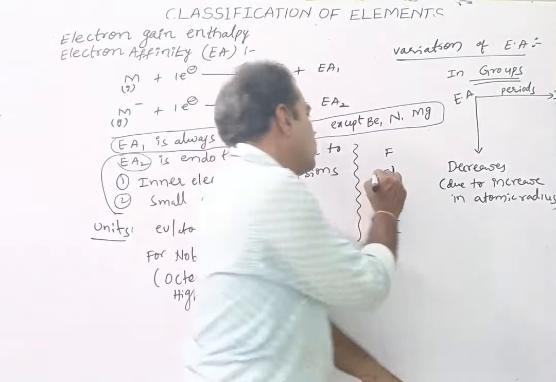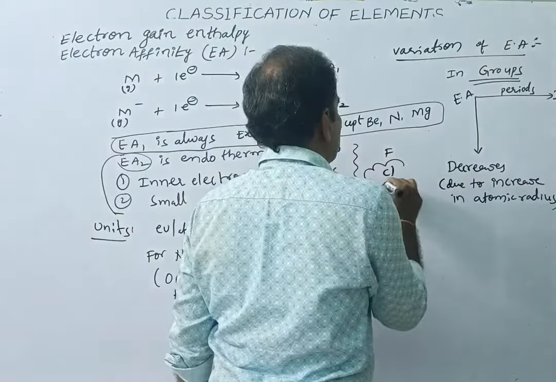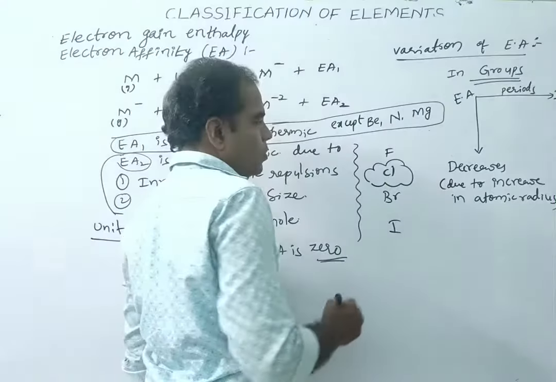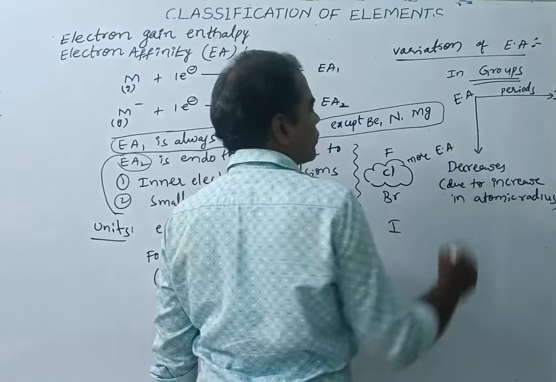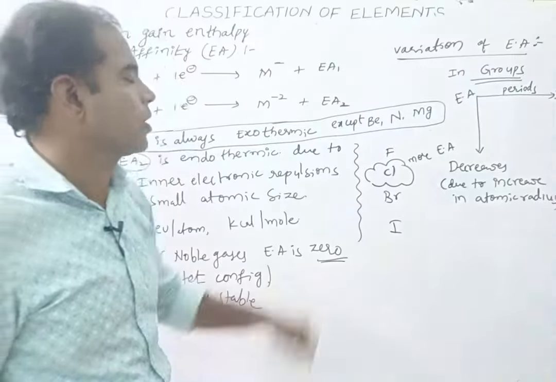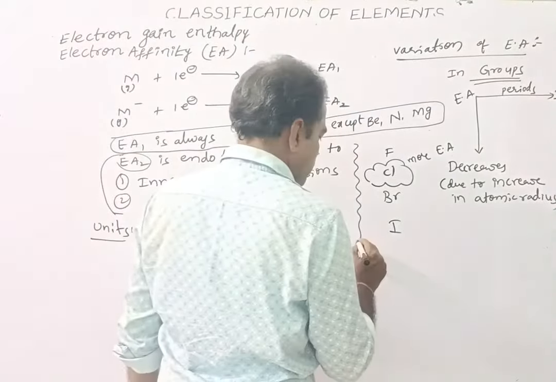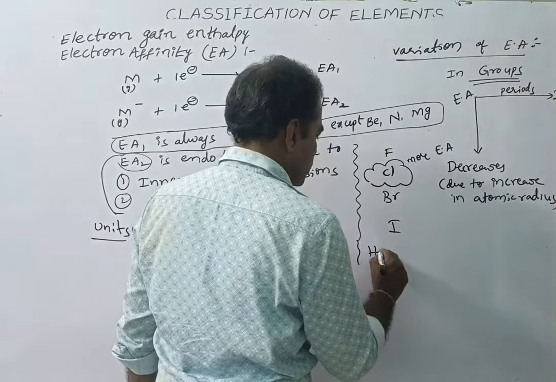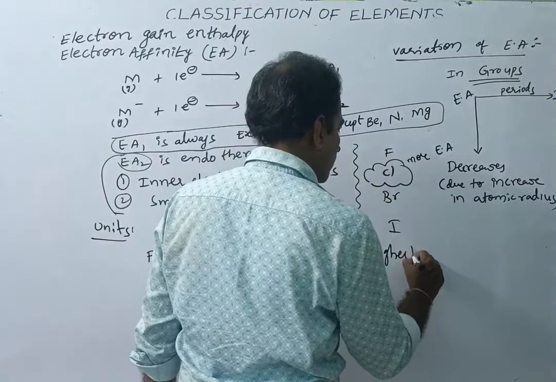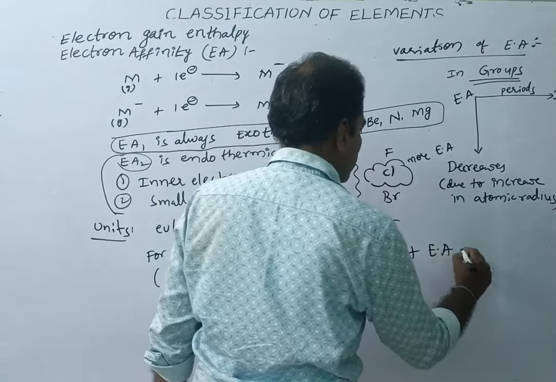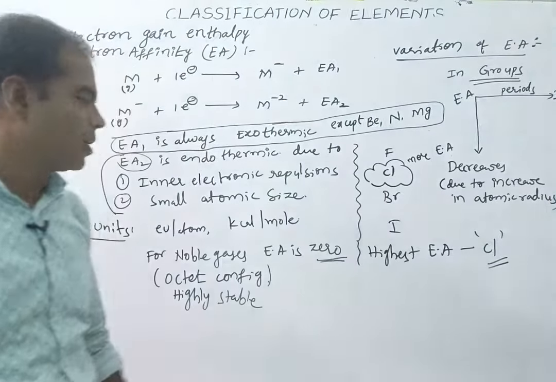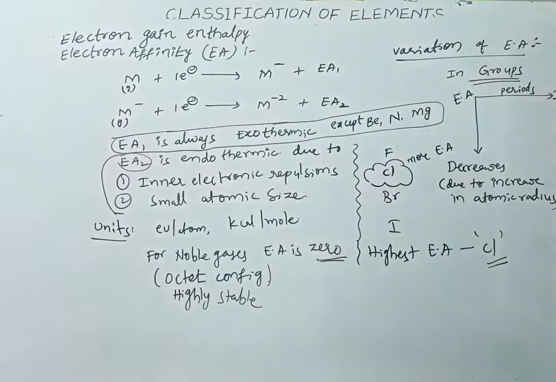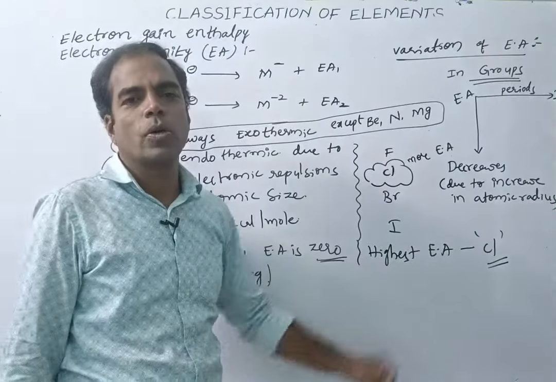Chlorine has more electron affinity than fluorine. Right? The highest electron affinity element is chlorine.